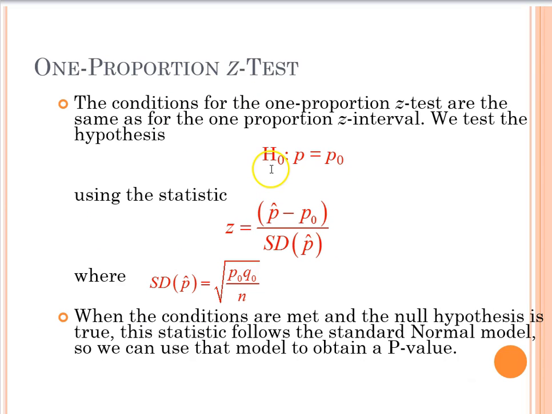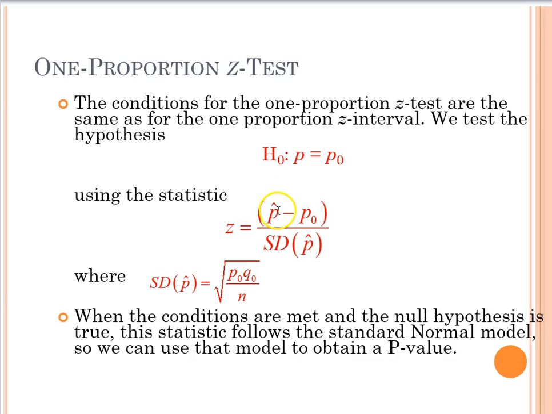So in the null hypothesis, you put that proposed value, assumed value, and that is going to be used for your mean and your standard deviation. You can see the standard deviation is calculated using that proposed value. So the 0 here just represents that this is the null hypothesis value for the true parameter.